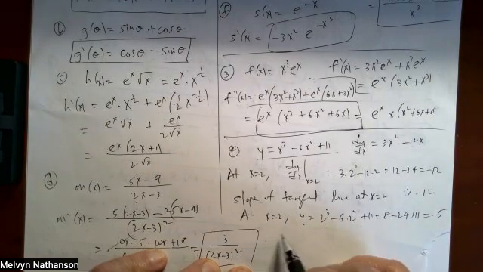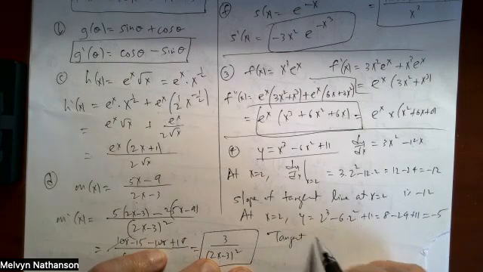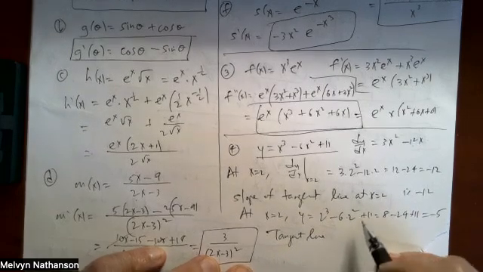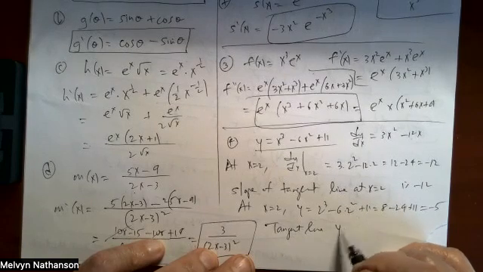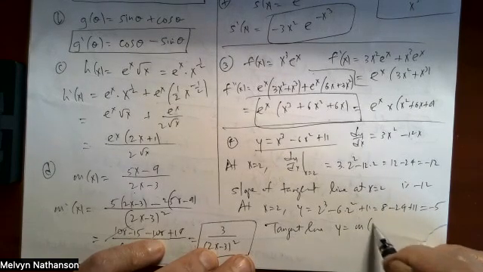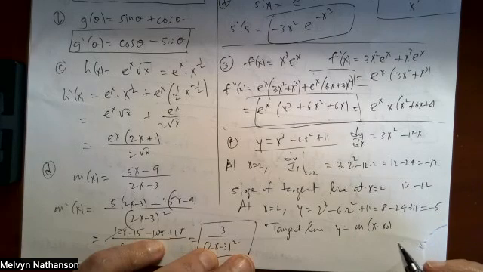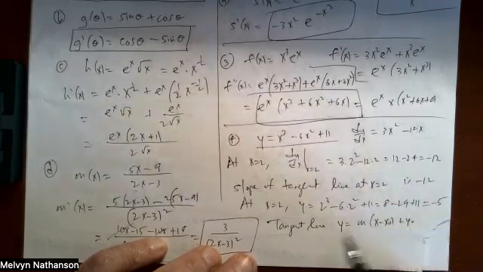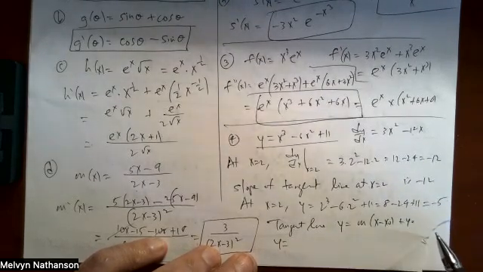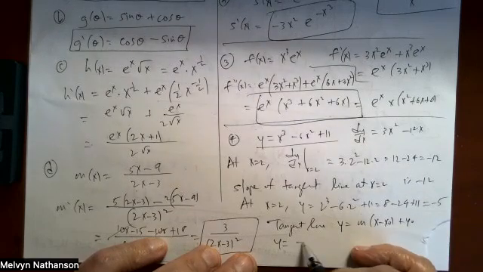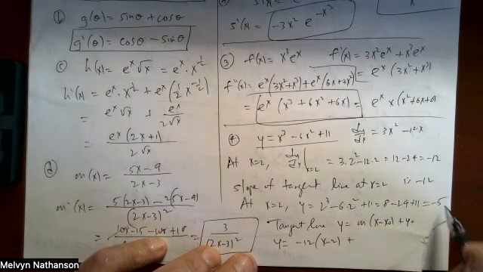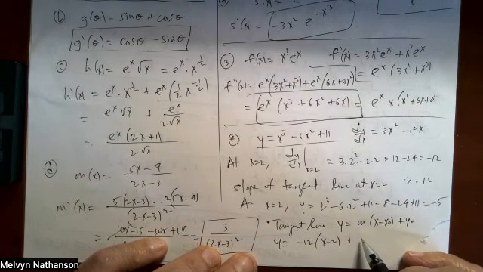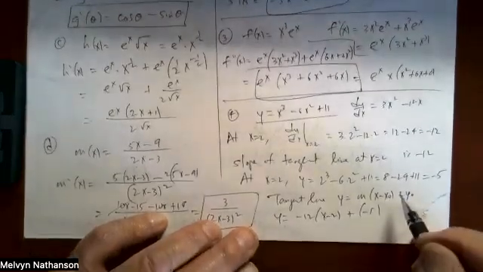So the tangent line, remember, the tangent line through a point is y equals the slope m times x minus x naught, plus the value of y at that point. So y is equal to the slope. What is the slope? Minus 12, x minus 2, and when x is equal to 2, this is minus 5.